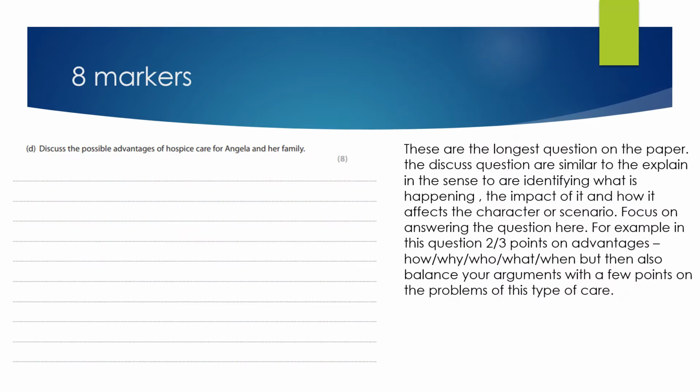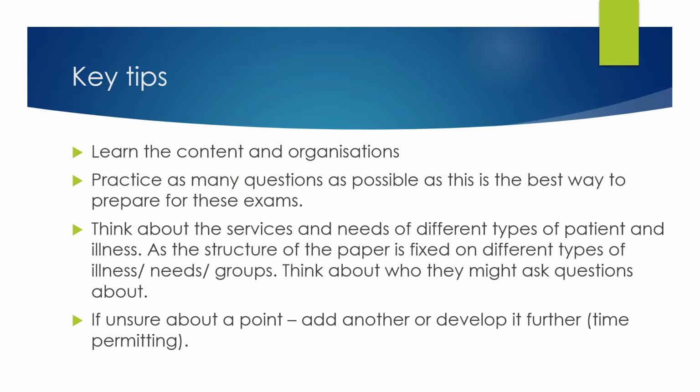Now my top tips, as if I had any for this question. The main things I would say: learn your content. There isn't masses of content with this paper, but be familiar with those bodies, those organisations, those roles and responsibilities. Practice the questions. I think this is the best way to learn anything and prepare for exams, is to practice as many questions. You can revise the content, read the content till the cows come home, but practice some questions.